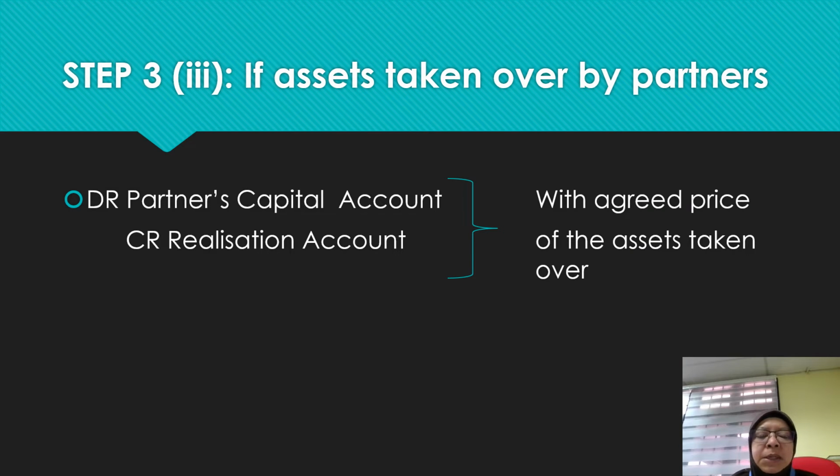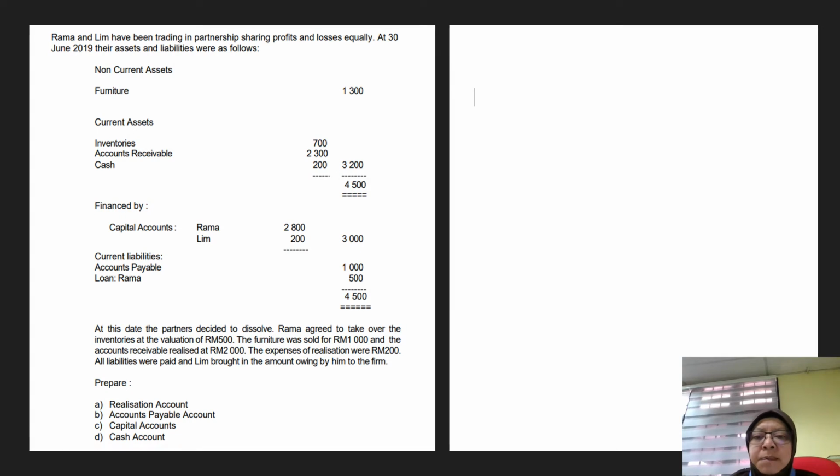Step number 3 is regarding any assets being taken over by partners. So we will debit our partners' capital accounts and credit our realization account based on the price that they agreed to take over. Again, based on this example, we have Rama, who agreed to take over inventories at the value of 500.